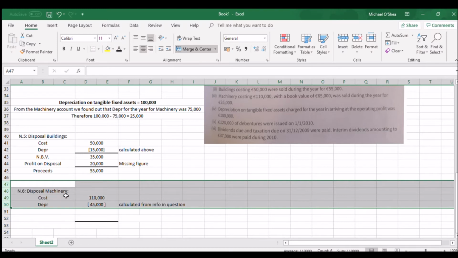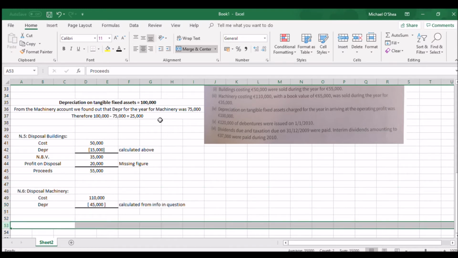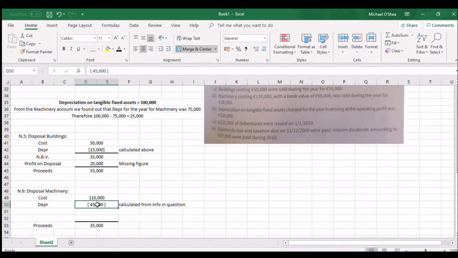I can do the exact same thing here now for my next disposal account. Disposal machinery cost 110,000. Machinery costing 110,000 was sold for 35. So I know later on here my last figure, proceeds, is 35,000. I don't have to worry about that now, but I know that my cost minus my depreciation is my net book value to see how much it was worth. The 45,000 we calculated because they basically told us all this information.